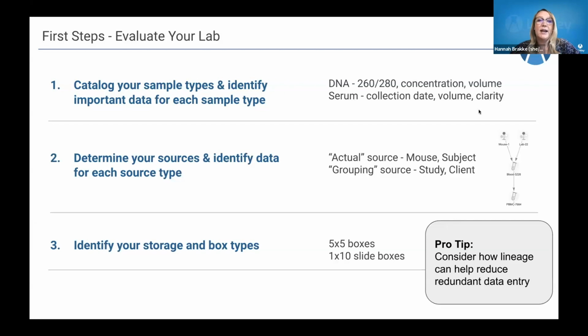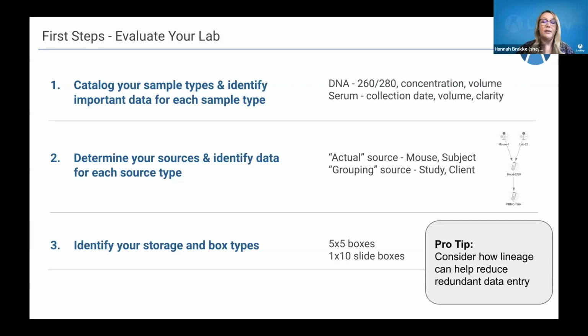So the first thing that I really encourage people to do is evaluate your lab. This is really a thought exercise, and where some of that hard work comes in around transitioning into a different system. The first thing to consider is the types of samples that you have within your lab.